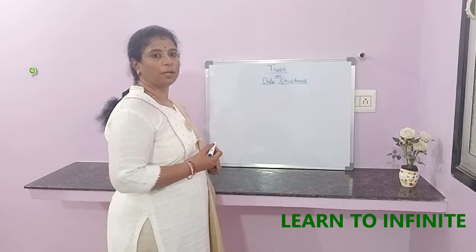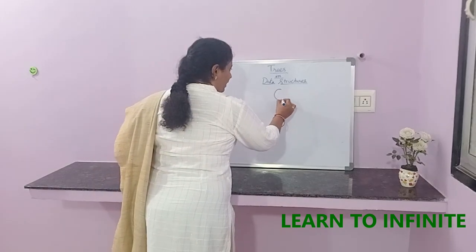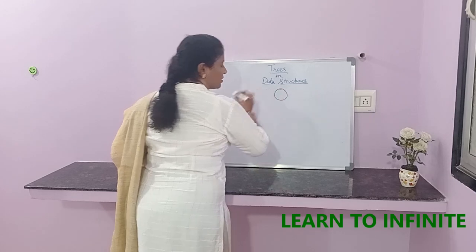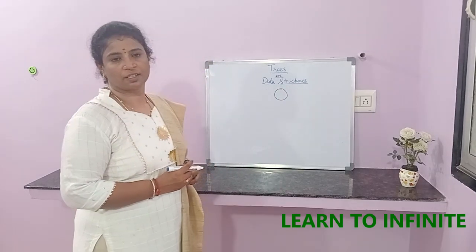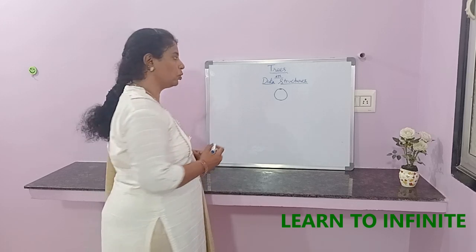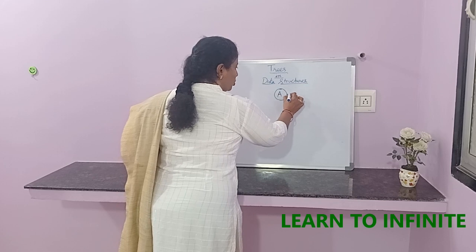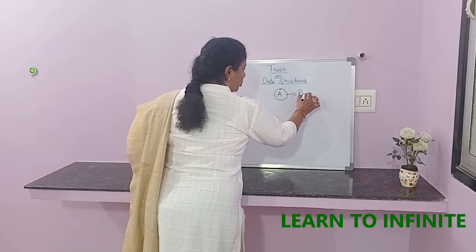So when you hear the word tree, it is a data structure which consists of nodes, a combination of nodes. The initial node of the tree is called the root node. So let us name this node as A, and this node is termed as the root node.